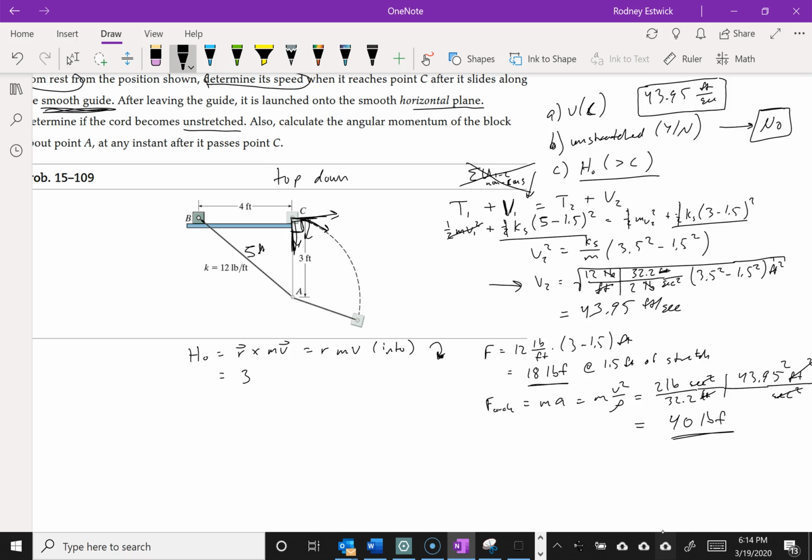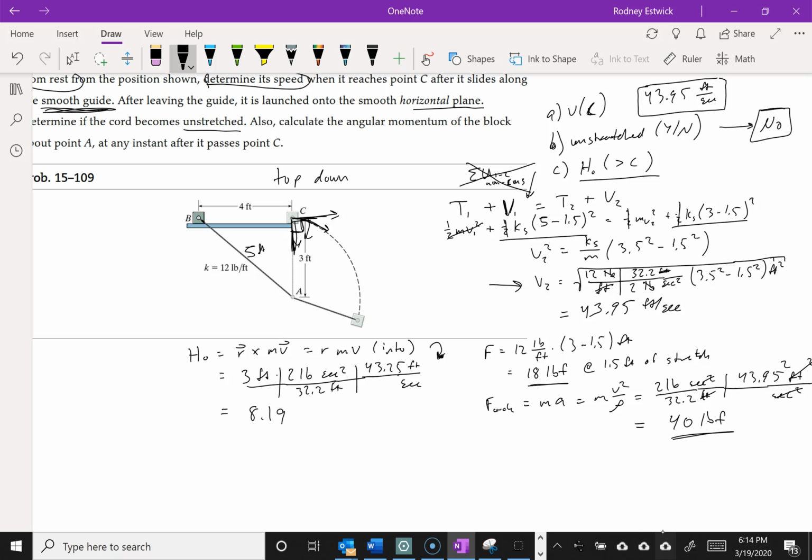So let's go back to this. 3 feet times 2 pounds over 32.2 feet per second squared, and then the 43.95 feet per second for speed. All right, so this is a smaller number because I didn't square it like I did over here for force. 8.19.